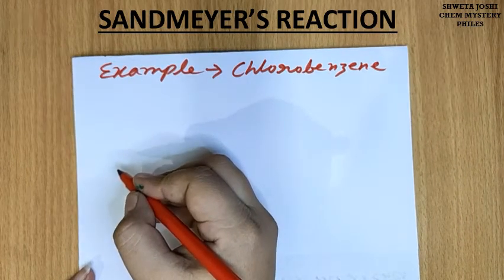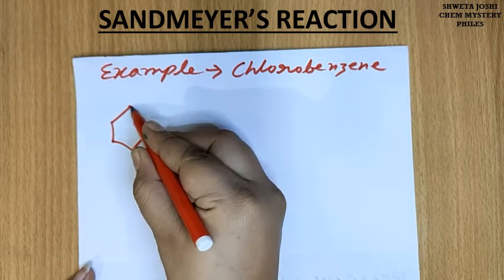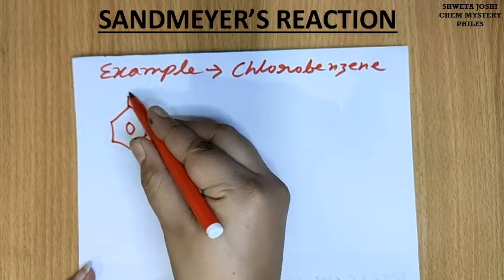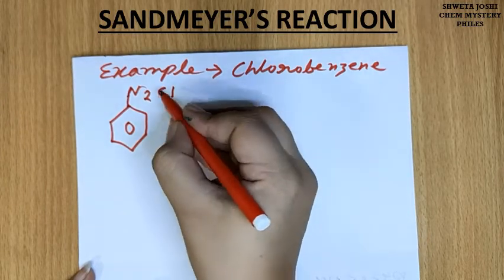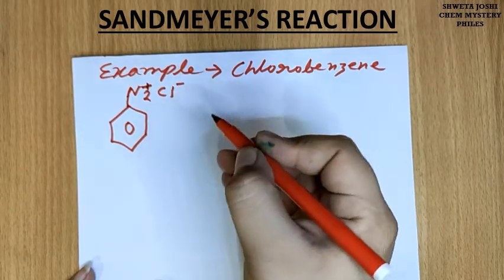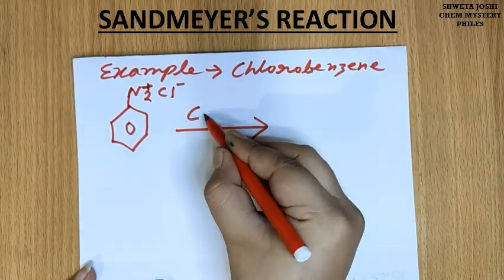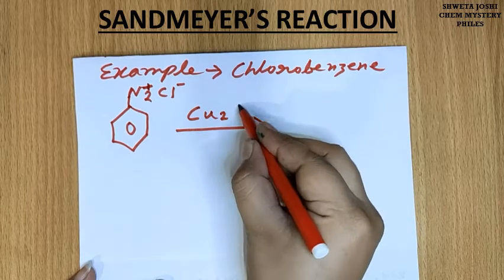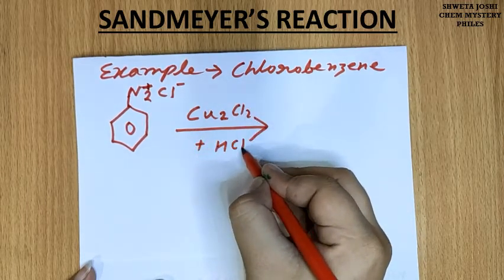In this reaction we have to take benzene diazonium chloride, that is benzene ring N2Cl, N2 positive, Cl minus. This we are going to react in the presence of cuprous chloride, Cu2Cl2, and HCl.